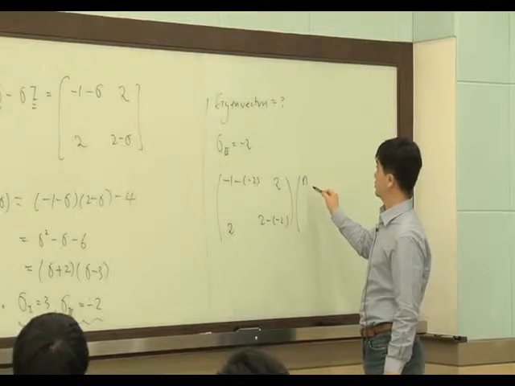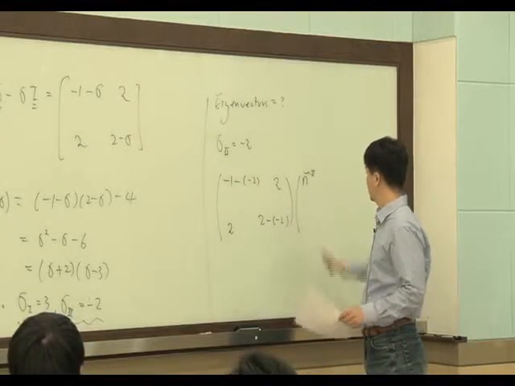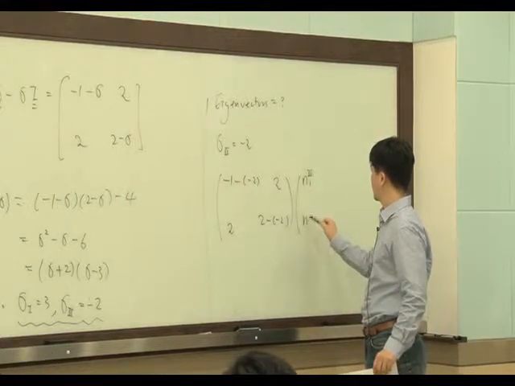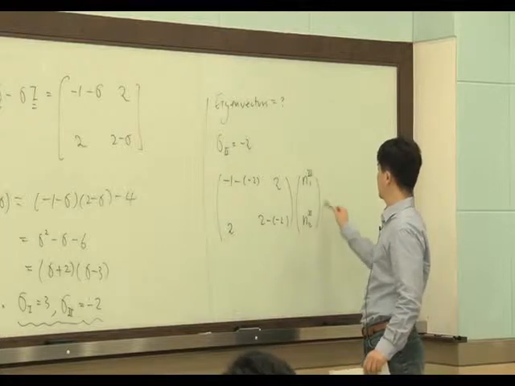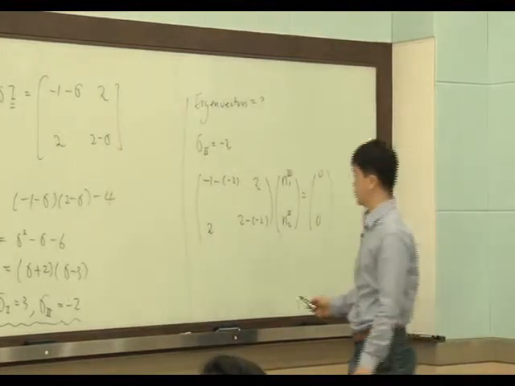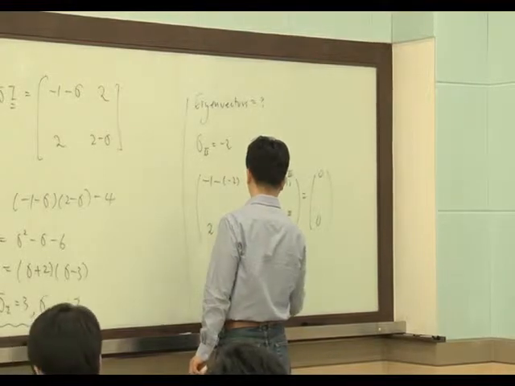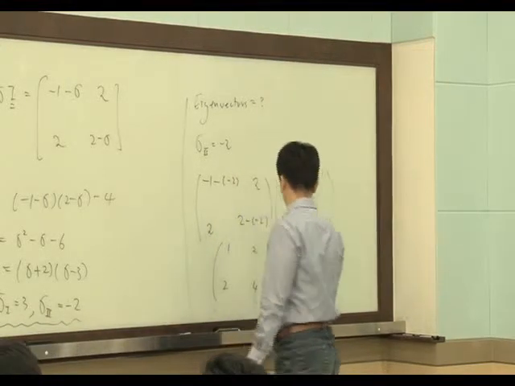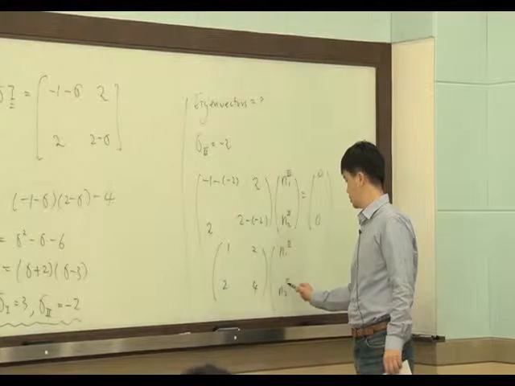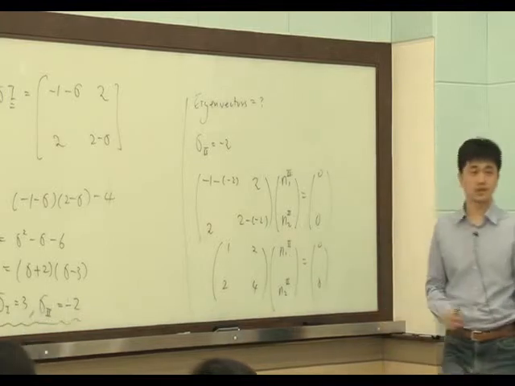Okay, I need to put the 2 here. Then we have 1, 2, 2, 4, times N1, N2, equals 0, 0. What's N1, N2 here?